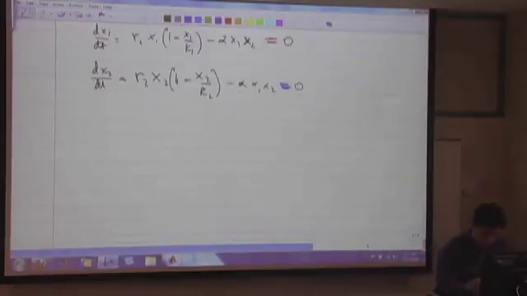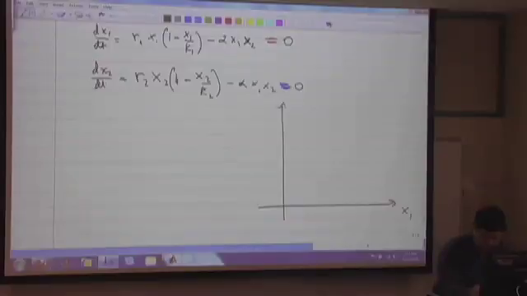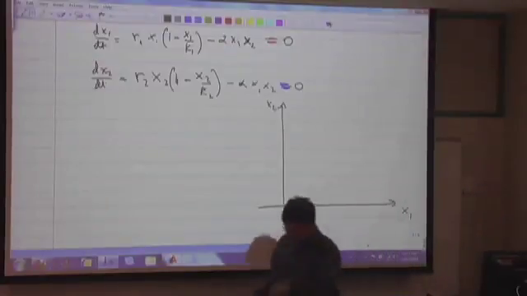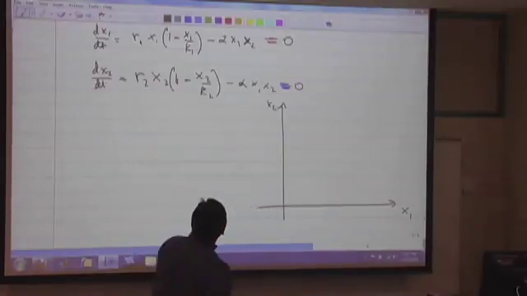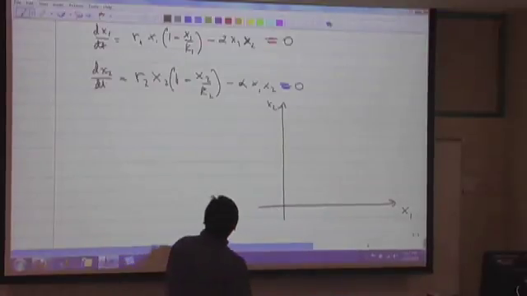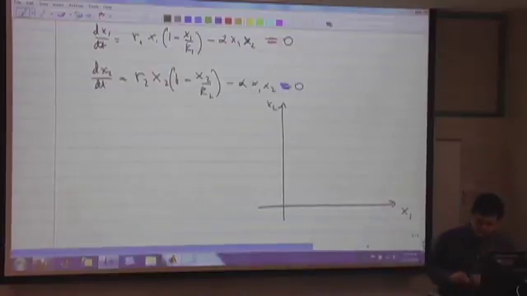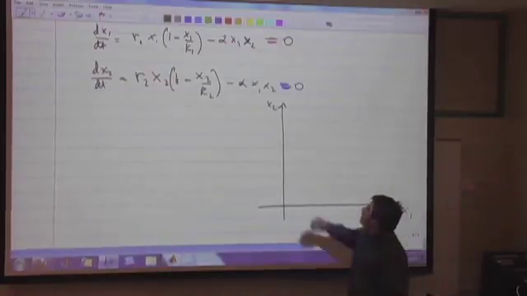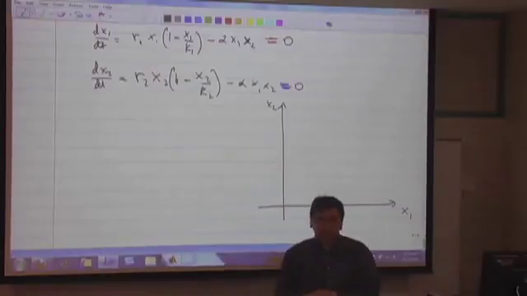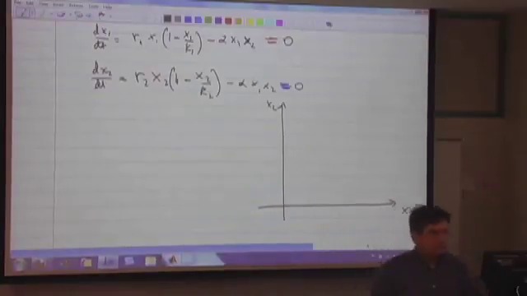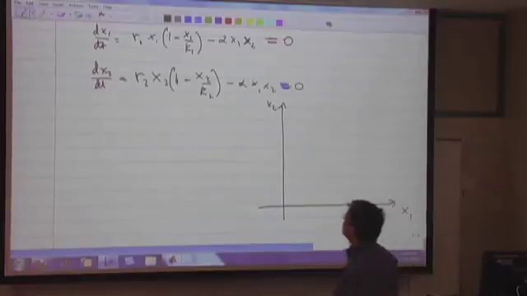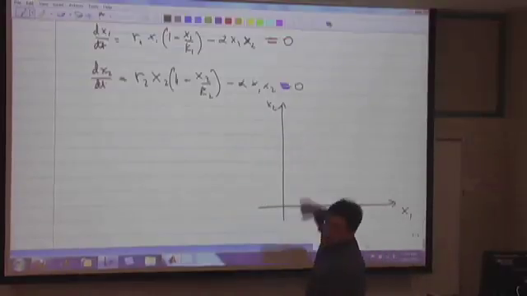And I want to show you this in the plane x1, x2. I want to pinpoint the locations where both are equal to 0. Okay. So here's how we do it. We're going to take the first equation and graph it, or find the points x1, x2 for which the first equation is satisfied.